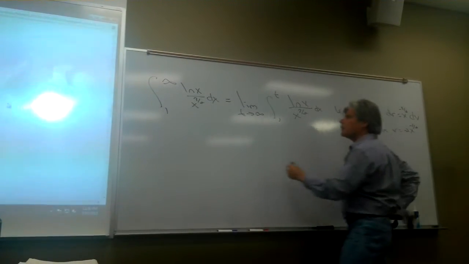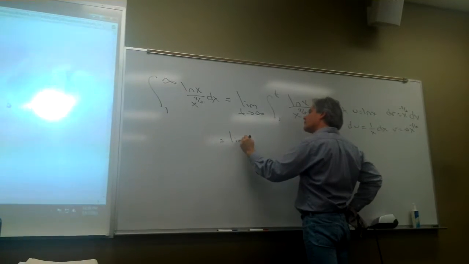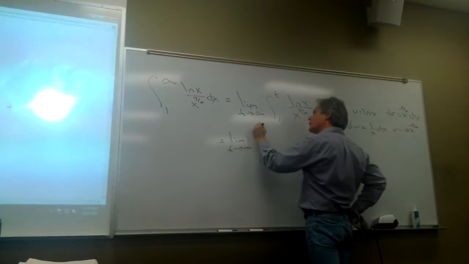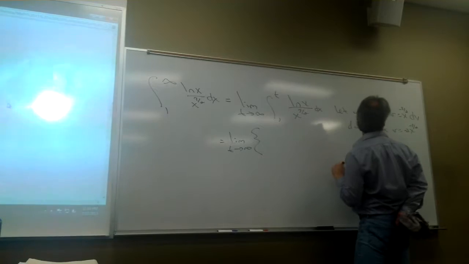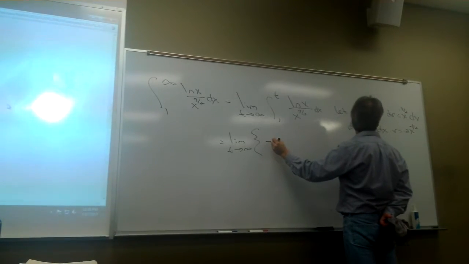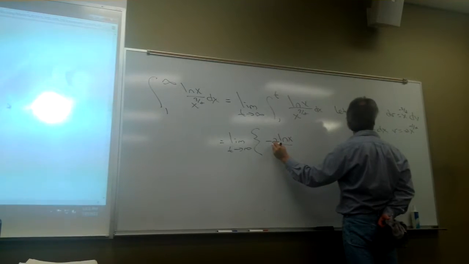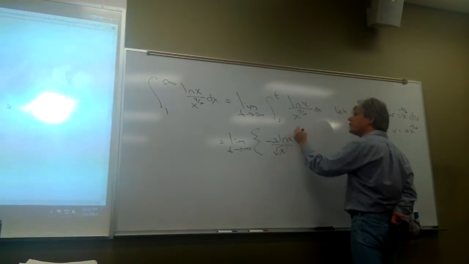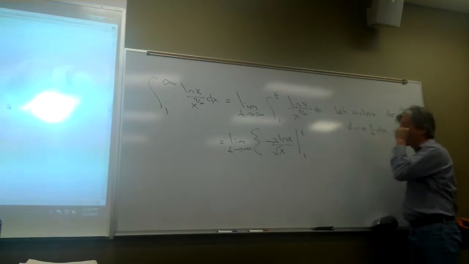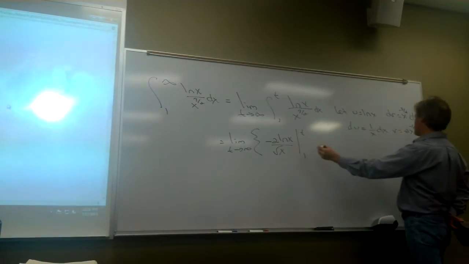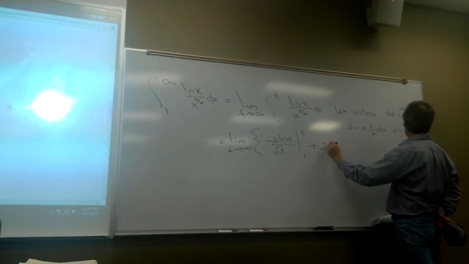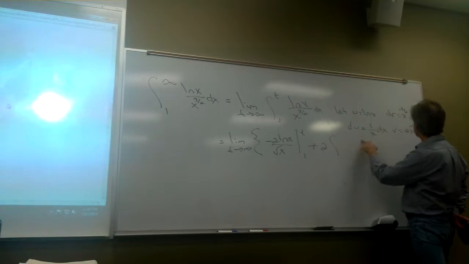But that means I'm now left with a limit as t goes to infinity of some stuff, where the stuff is a product of u and v. That's negative 2 natural log of x over root x, evaluated from here to here, minus the integral of negative 2 times the product of these two.